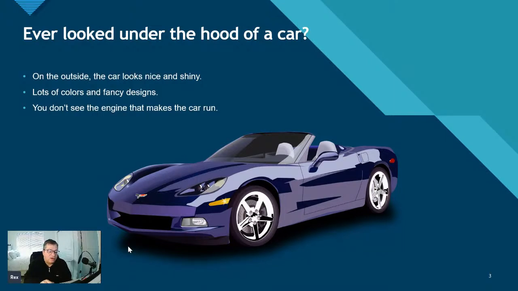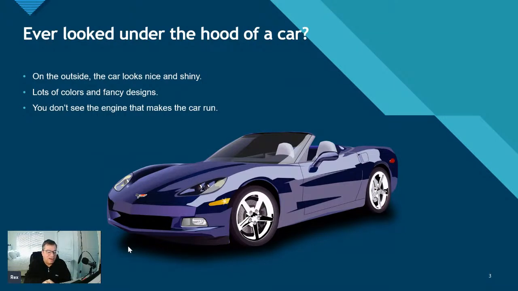You look at the color of the car, you look at the tires, you look at the wheels, you look at the dashboard, you look on the inside, you look at the seats, you look at what the finish is. And basically you're looking at the inside of the car and where the seats are, and you're looking at the outside of the car. But usually you don't really pay too much attention to under the hood of the car.